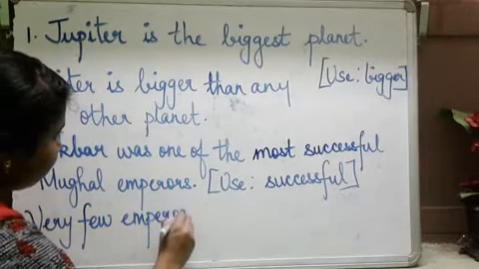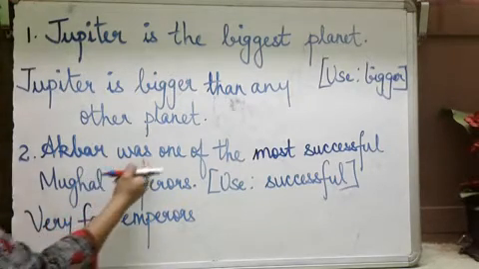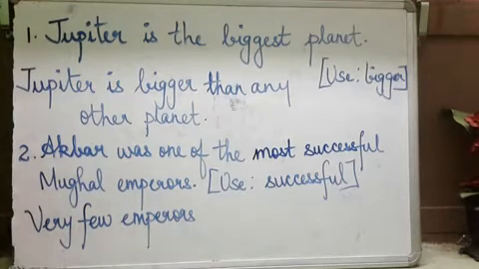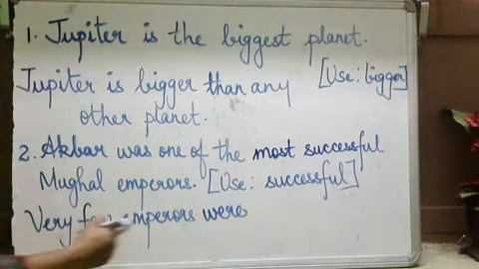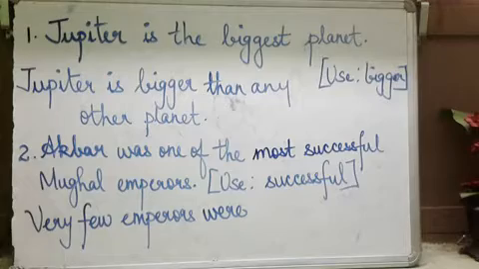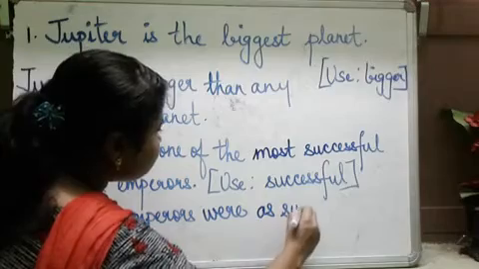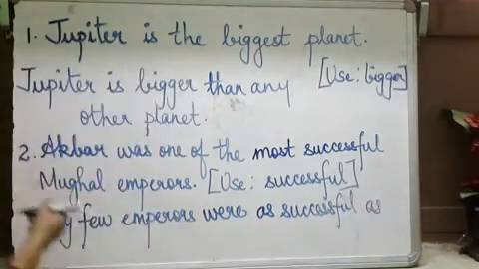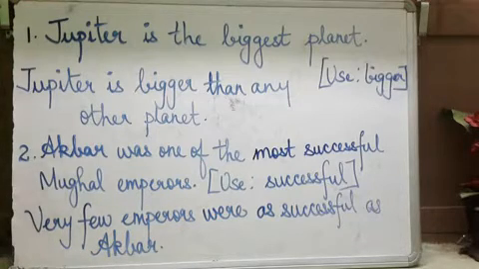Now listen, the sentence is in past tense, so because it is plural, you will use were. Very few emperors were as successful as Akbar.